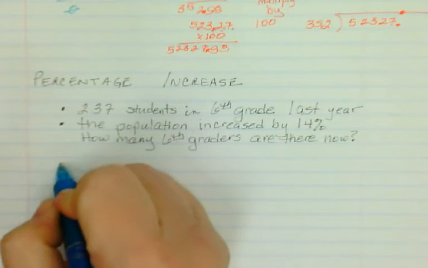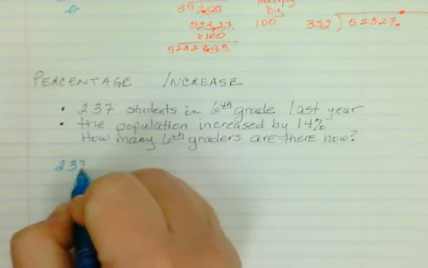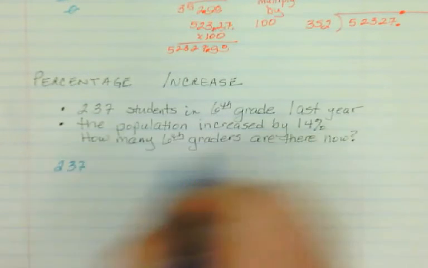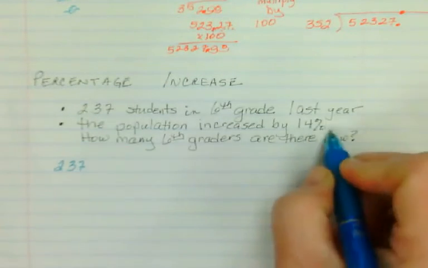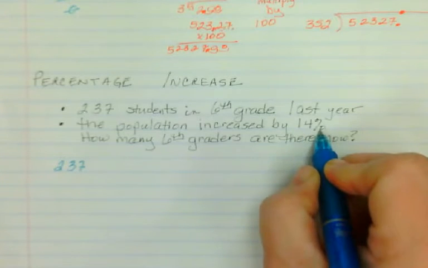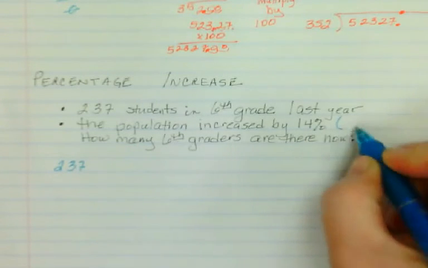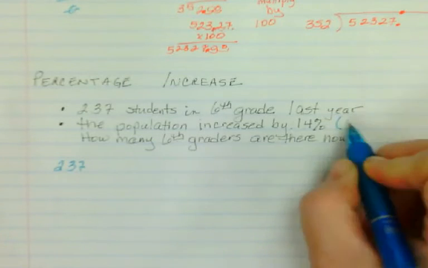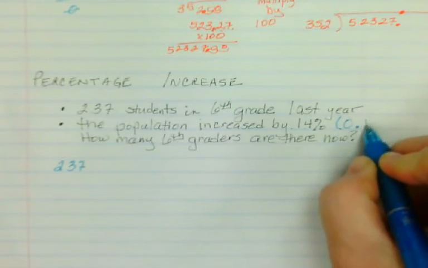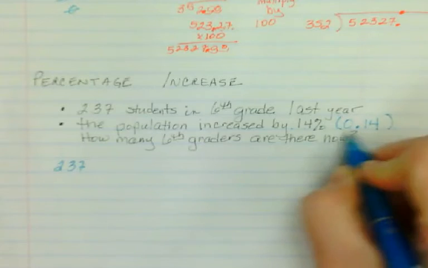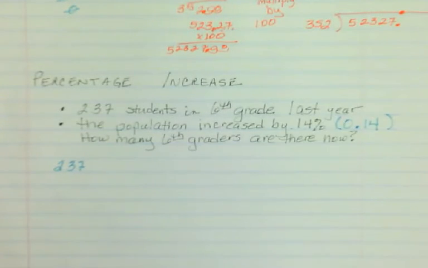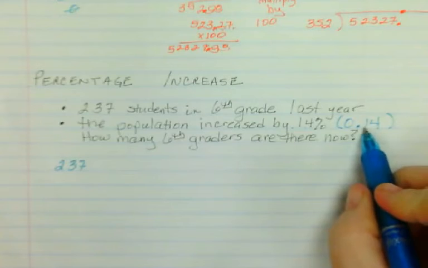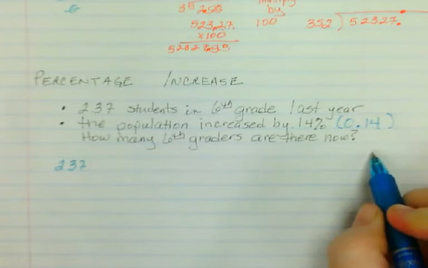If I have 237 students, first I have to take my 14% and turn it into a decimal, which means I move my decimal over 2 places, and that's my decimal equivalent of 14%. Because remember, percent means per 100, and that's 14 100ths.